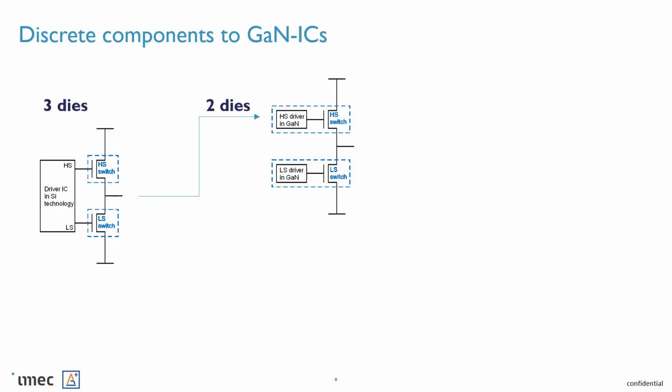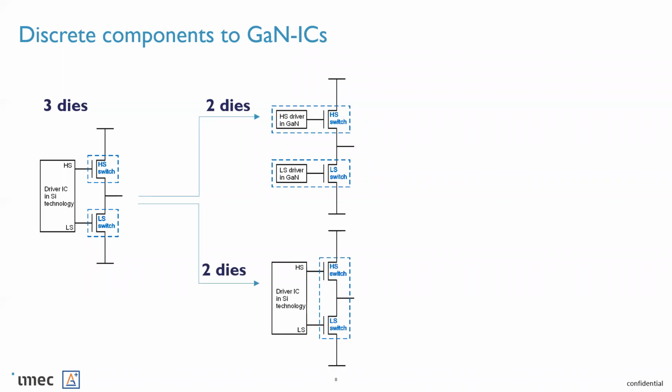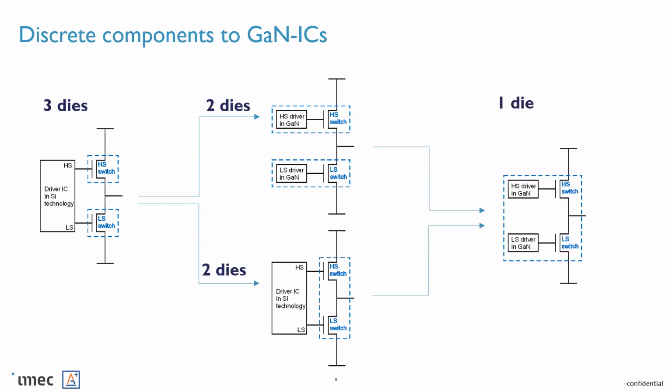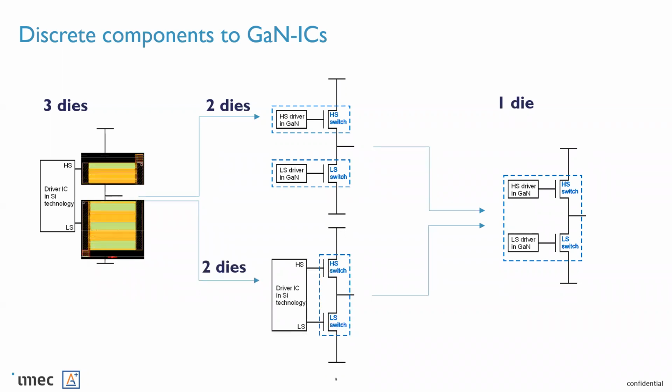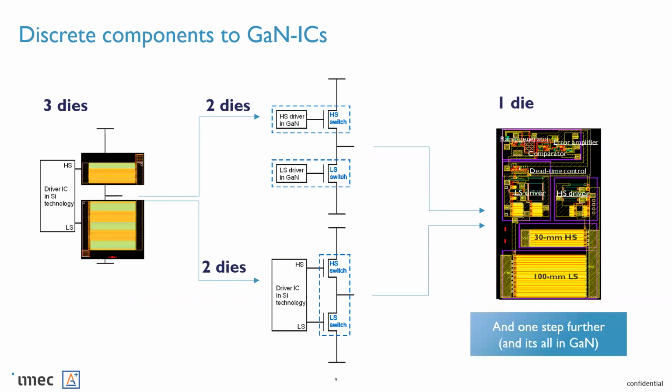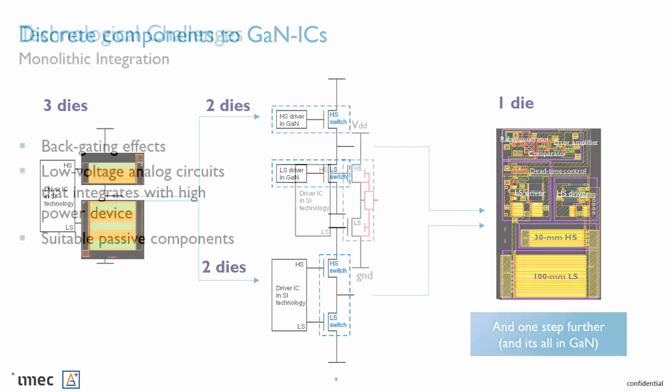We can go to a 2-die solution by integrating either one power HEMT with the driver, and then connecting two such ICs to form a half bridge with driver, or one IC where the half bridge switch is integrated, with an external driver. We can go even further to a 1-die solution where we integrate everything together. So we are working towards going from the 3-die to the 1-die solution, all GaN based.